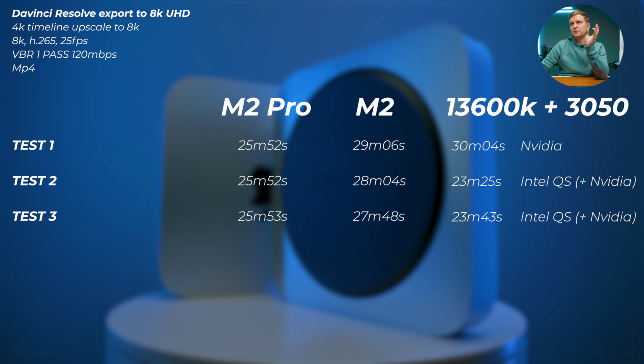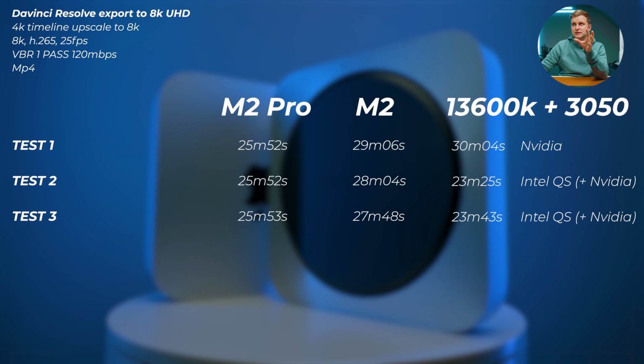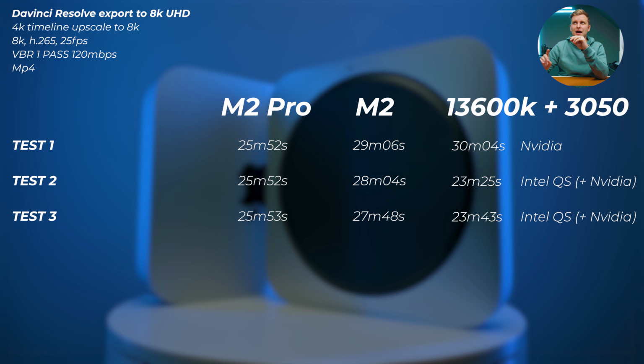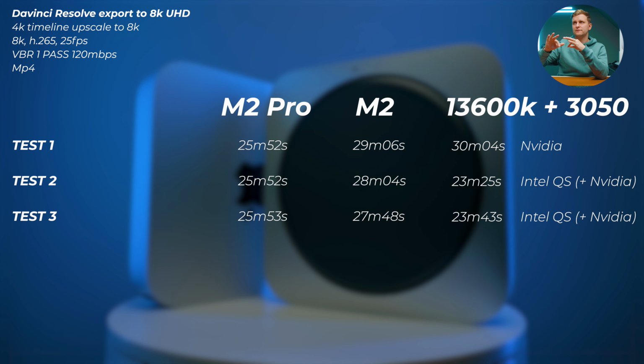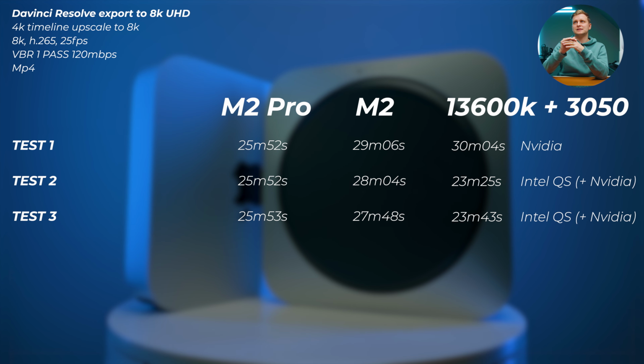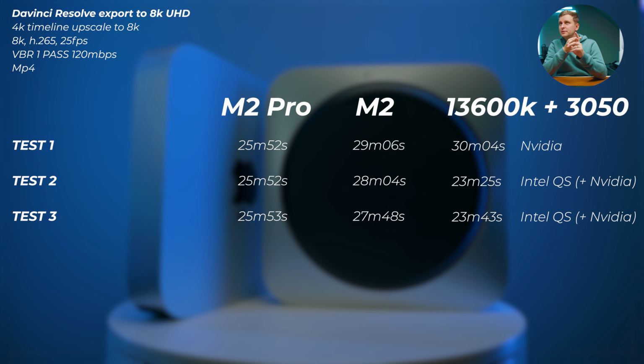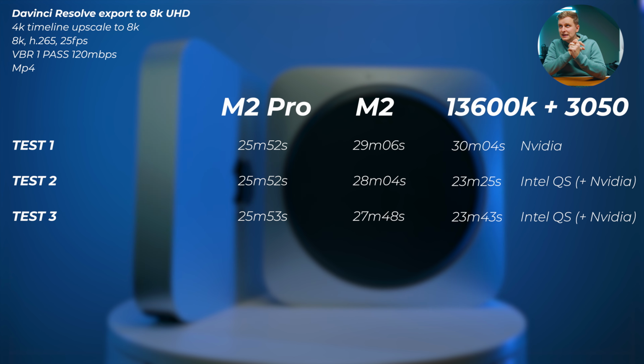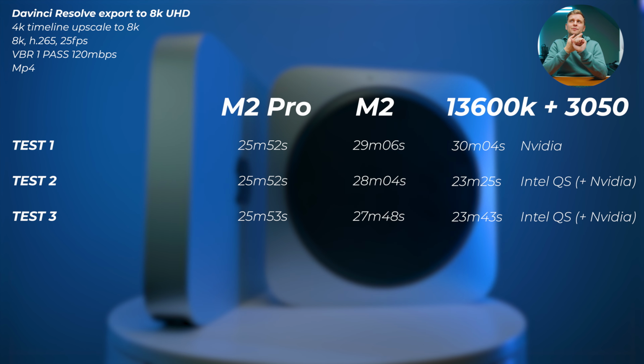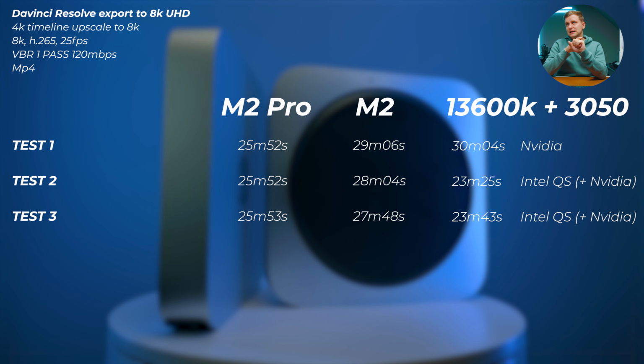M2 Pro did it at about 25 minutes and 52 seconds, and then the M2 had a little bit of difficulty here, finding out how fast it's going to do it, because at first it did 27 minutes 48 seconds, then a little bit slower, 28 minutes 4 seconds, and then about 29 minutes 6 seconds.